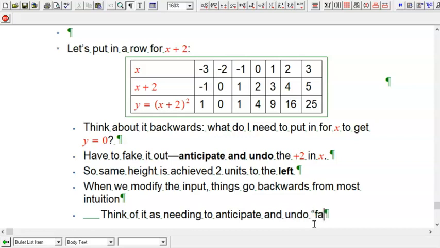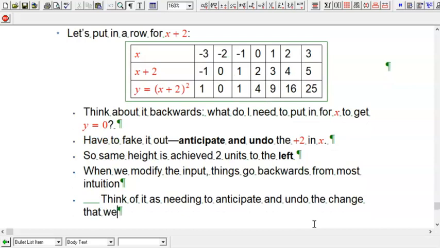I like to say fake it out. Undo the change that we're making. Like that +2, we anticipated and undid it by putting in numbers that were smaller than we expected to get the same outputs. And the way I say that, I don't know if it makes sense to anybody but me, we sort of fake out the function.